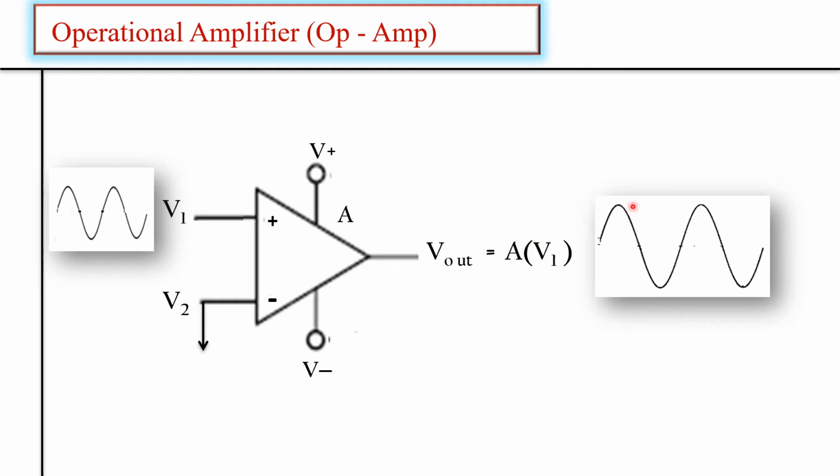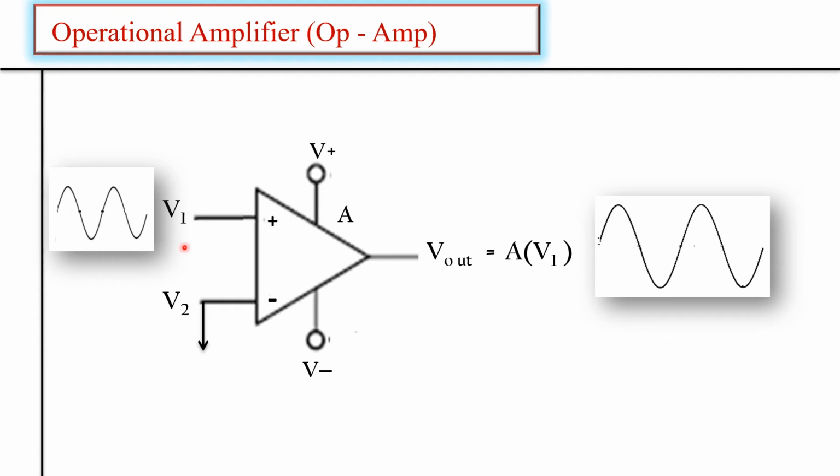That much amount it will be amplified, depending on A. Here the phase of the output is the same as the phase of the input. So the output is in phase with the input, but it is amplified by the factor of gain, a value of A.